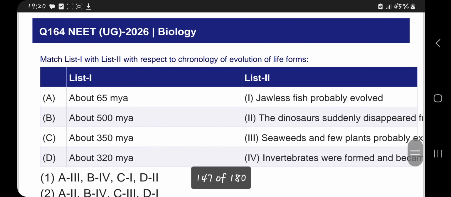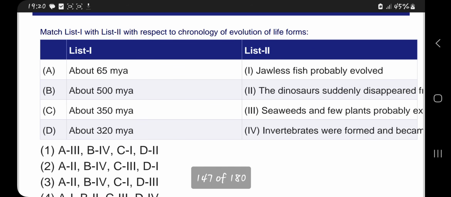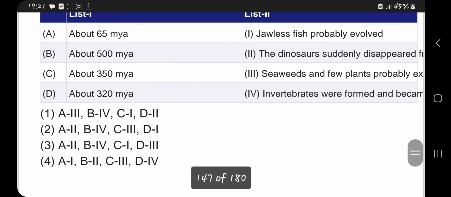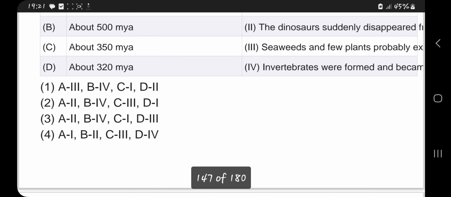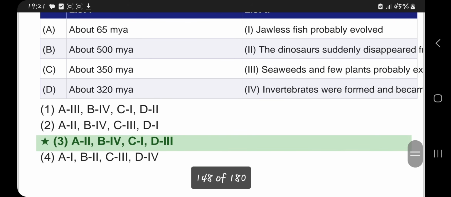About 65 million years ago, it's a good question. Very rarely do they ask this chronology of evolution of life forms. 500 million years ago, it would have been very primitive. This is again 500 million years ago, 350 million years ago, probably C3 or C1. Anyway, the answer is A2.